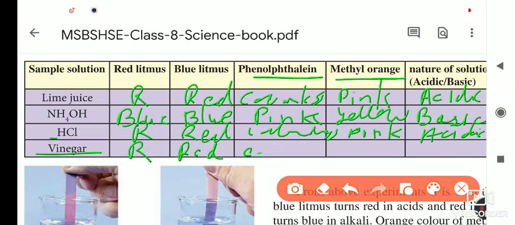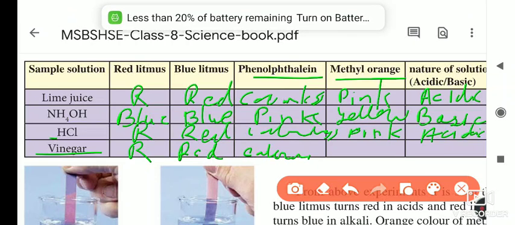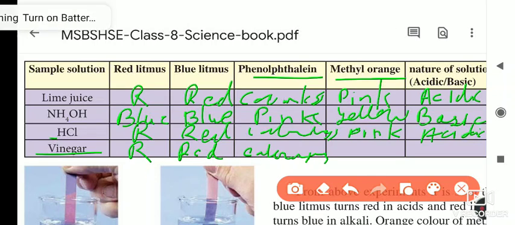When we add this phenolphthalein indicator in the vinegar solution, the solution is colorless. And methyl orange turns to pink.